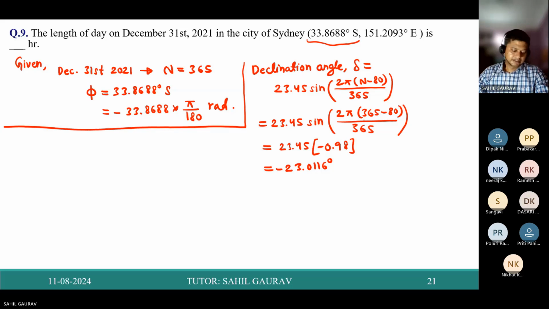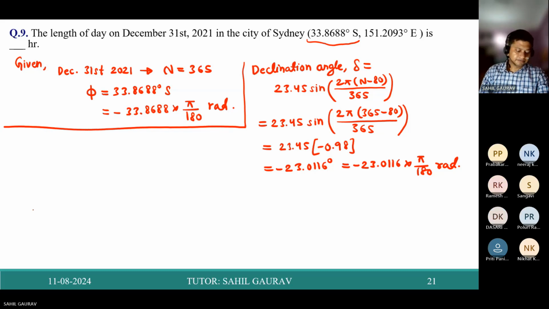So let us convert into radian. 23.0116 into pi upon 180 degree. So it will be in radian. Now we can write the length of day expression.